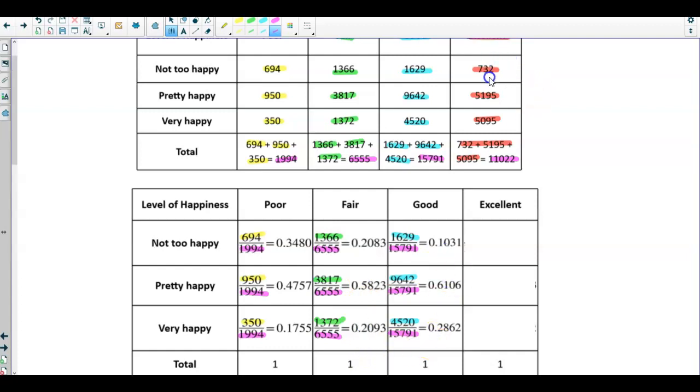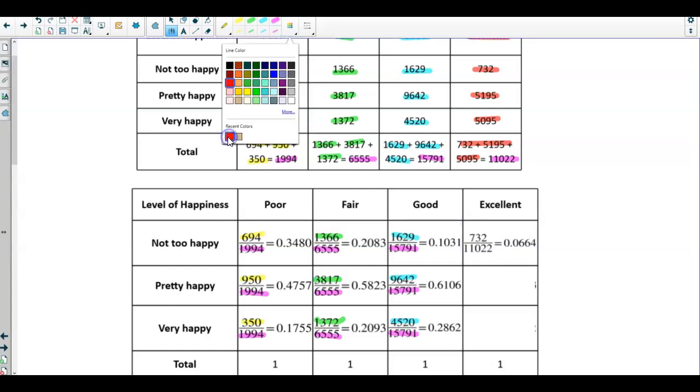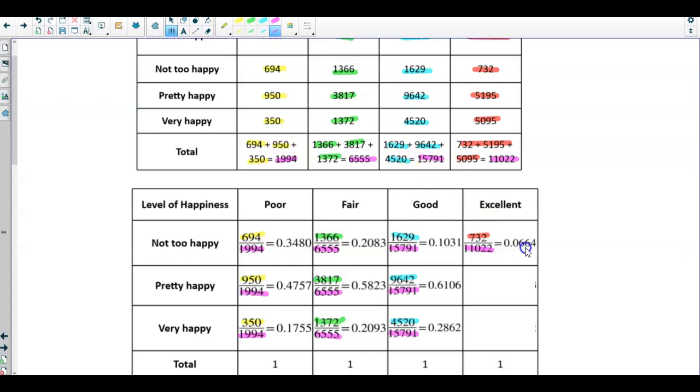Now let's take a look at the last column, for excellent. Not too happy is 732, and we divide by the column total of 11,022 to give us 0.0664.